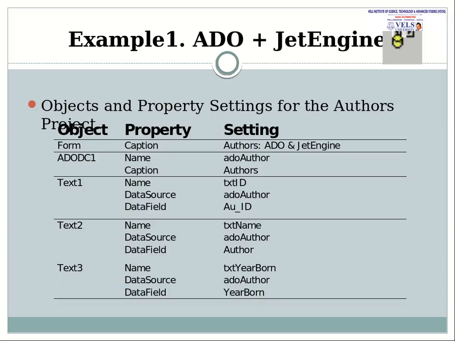Objects and properties are set along with the ADODC: the name is ADO author and the caption is authors. The first text box is text author ID, bound to ADO author and author ID. The second is text name, bound to ADO author and name. The third text box is text year born, bound to ADO author and year born.